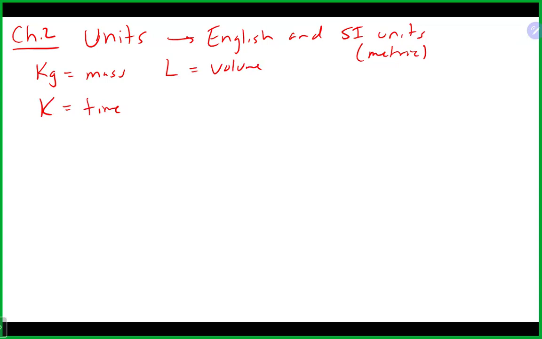In addition, with metric type units, remember that we do have certain prefixes that are used to change the meaning of it, and we want to make sure that we use those things correctly.